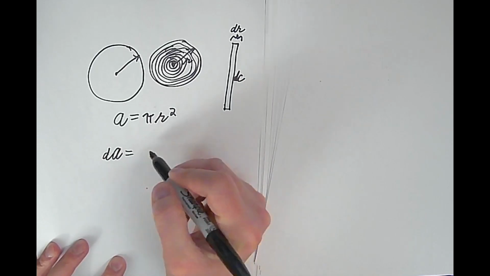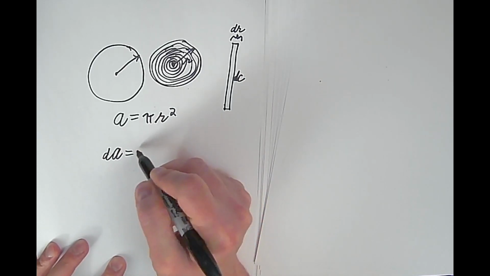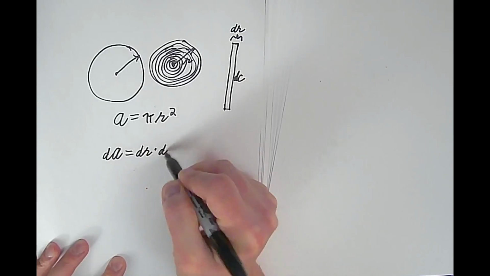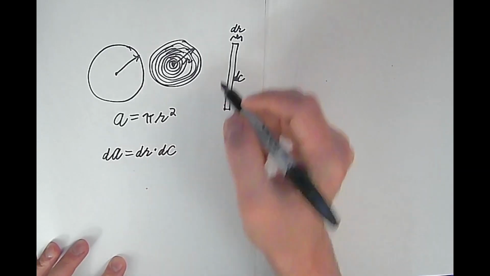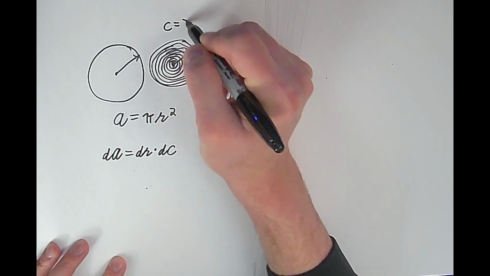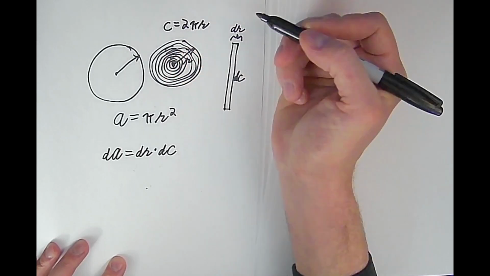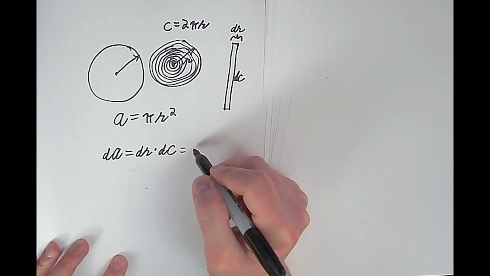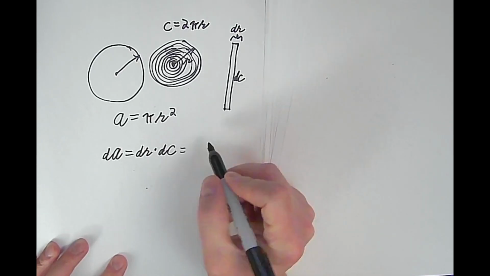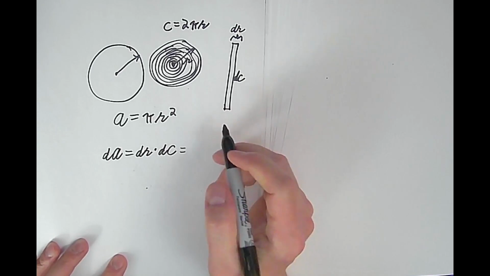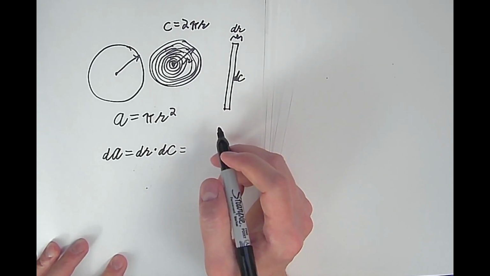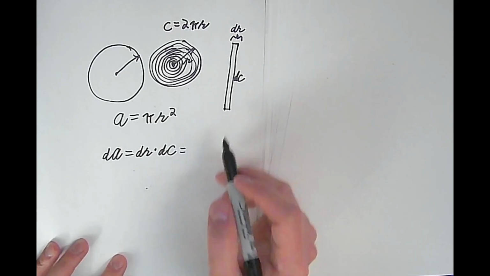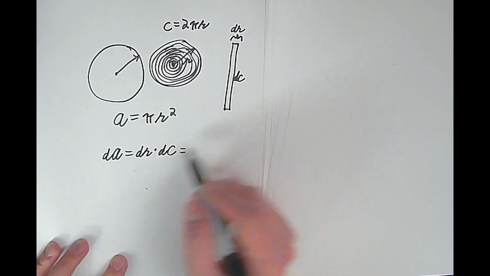Then the area of that is going to be dr times dc. Well, we know what c is. c is 2 pi r. So we can substitute that. Let's see, am I following my own logic here? Well, yes, I think I'm trying to go in 2 different directions at once.